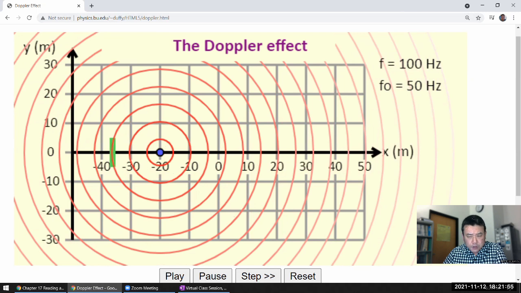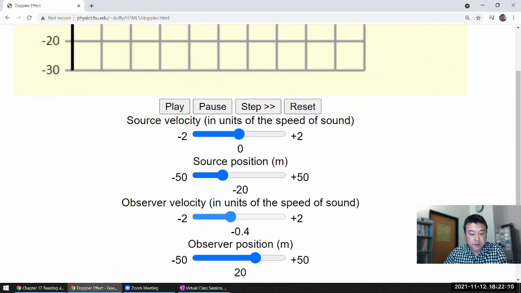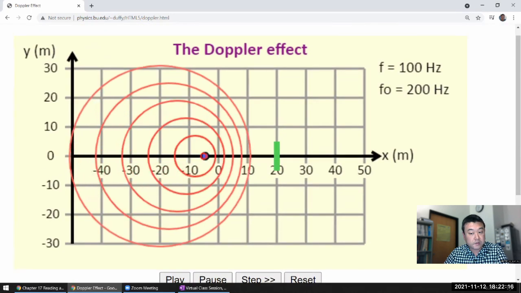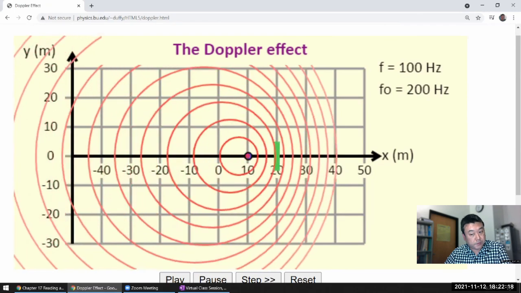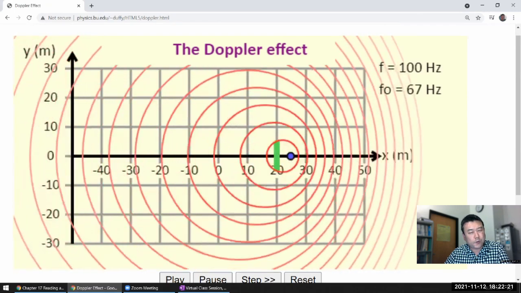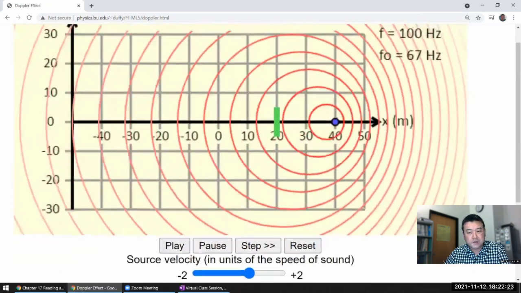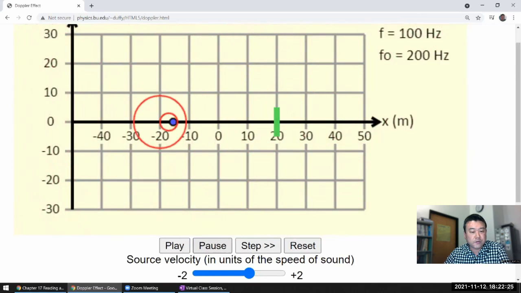Now, if you're paying careful attention to these numbers, you might have noticed that they changed. Let me bring it back to the previous scenario, where the observer was stationary and the source was moving at half the speed of sound. The higher frequency was double, and the lower frequency wasn't quite half, but I don't know, 6, 7, so I guess that's 2/3.